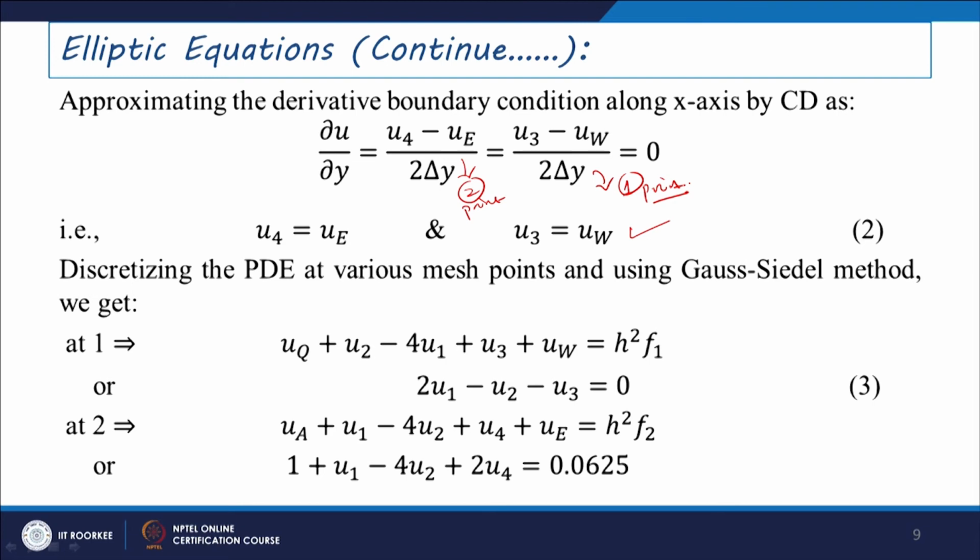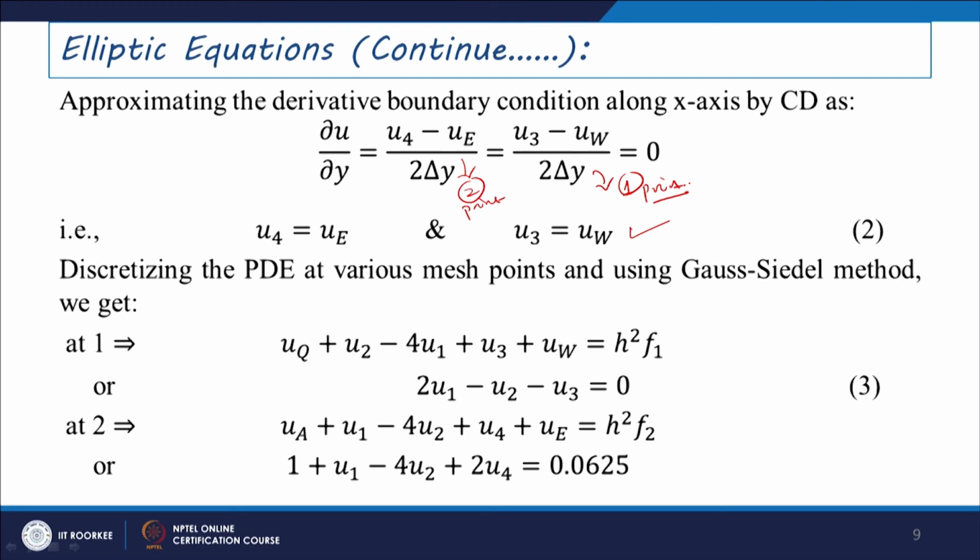And if we discretize this partial differential equation at various mesh points using the Gauss-Seidel method, then we can get point 1. Point 1 means we can consider Q as the previous point and 2 as the secondary point.